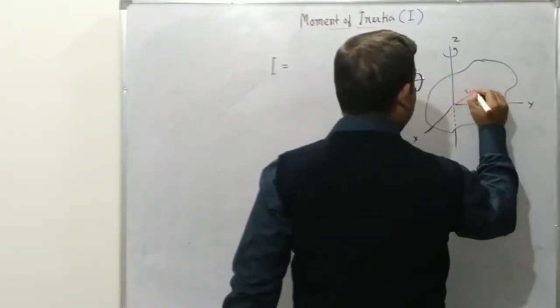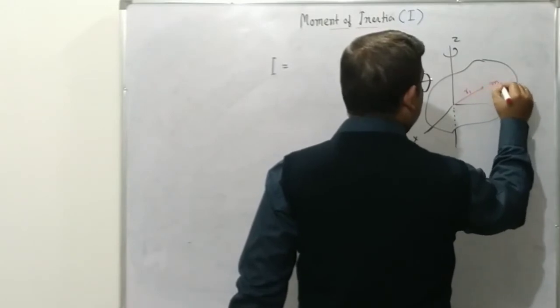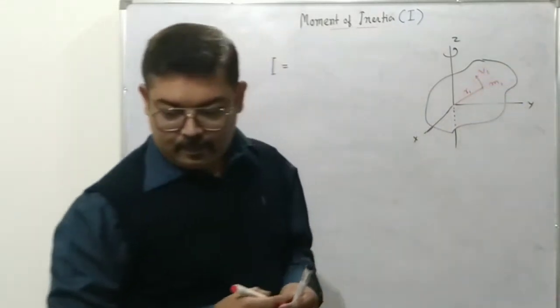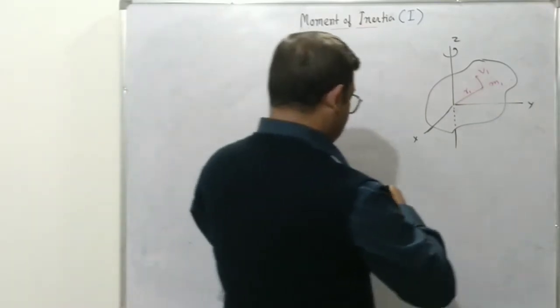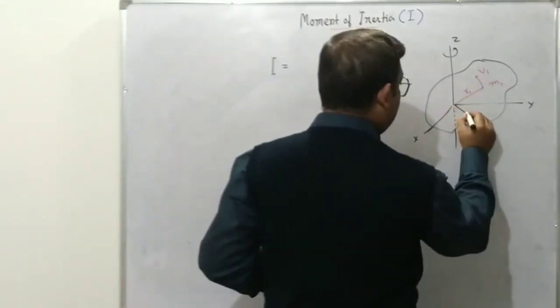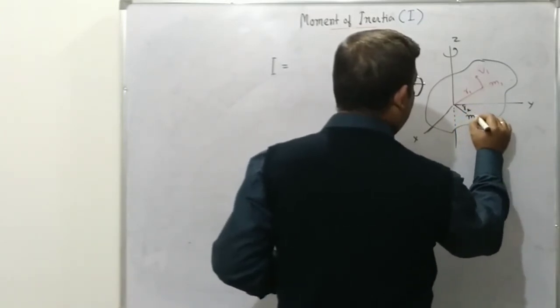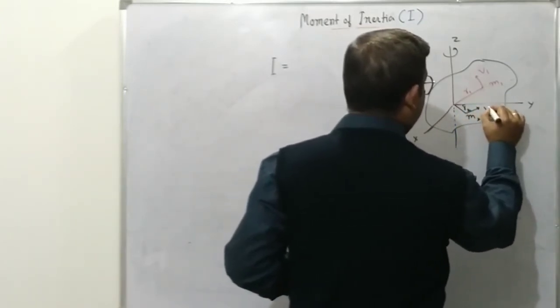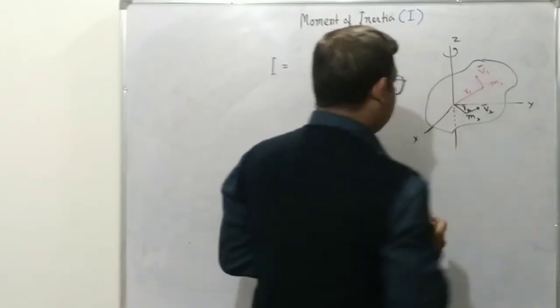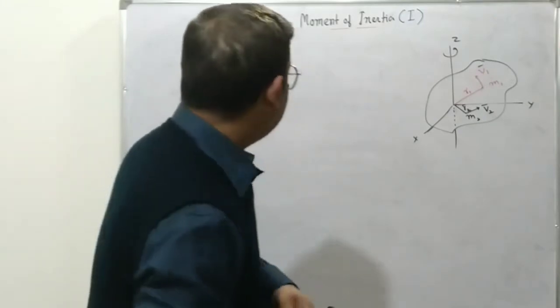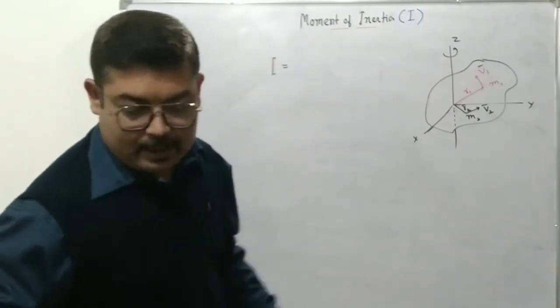Let's call at R1 there is a mass M1 which is moving with a velocity V1. At say R2 there is a mass of M2 which is moving with a velocity of V2, and so on, right?